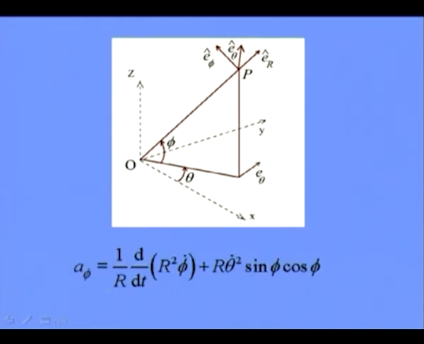A phi is given by 1 by r d by dt of (r square phi dot) plus r theta dot square sin phi cos phi. So these expressions are convenient when the particle is moving in a spherical path and you are asked to find the velocity and acceleration components.